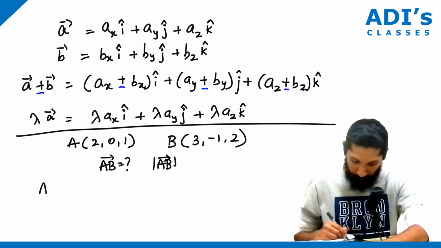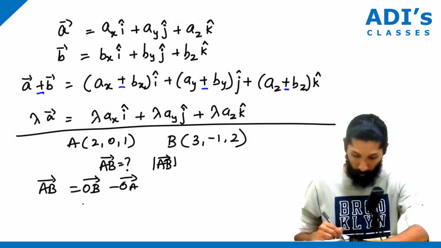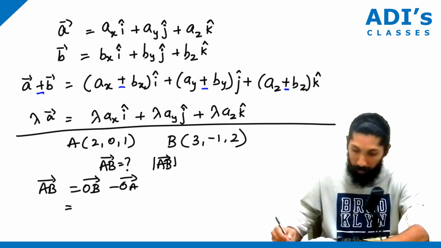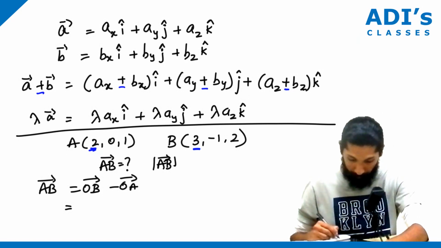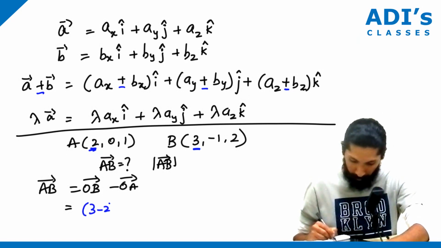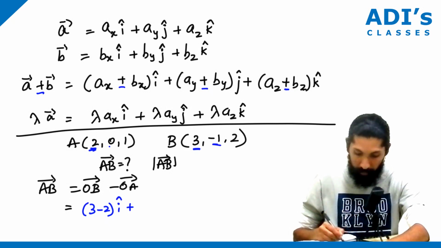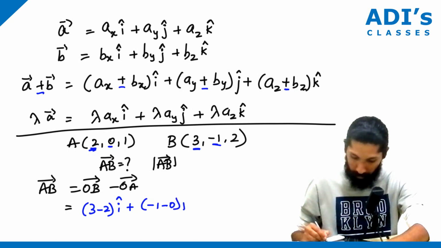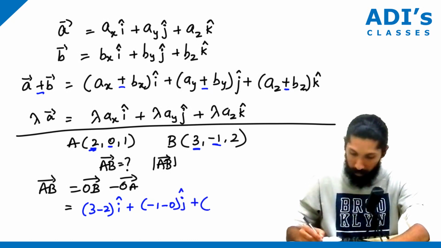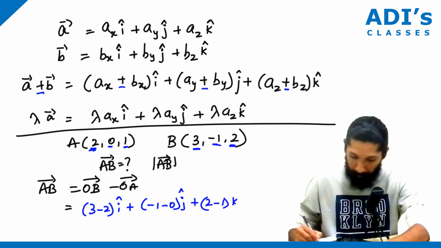So AB vector is OB minus OA. So what is OB minus OA? We take the x components and subtract: (3 minus 2) i cap plus (minus 1 minus 0) j cap plus (2 minus 1) k cap.